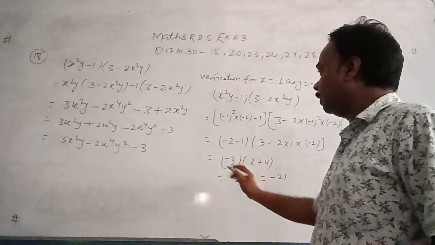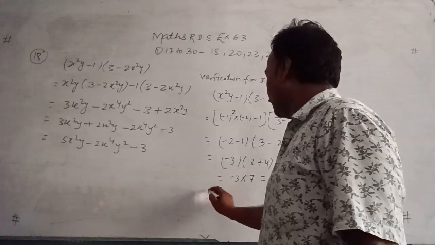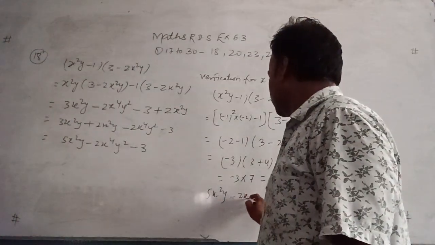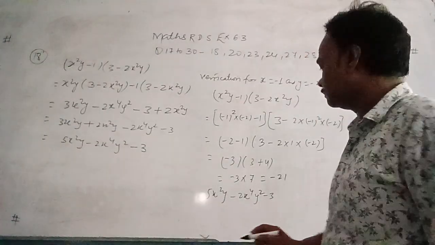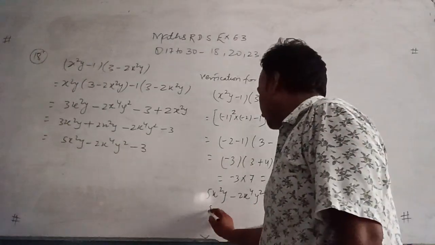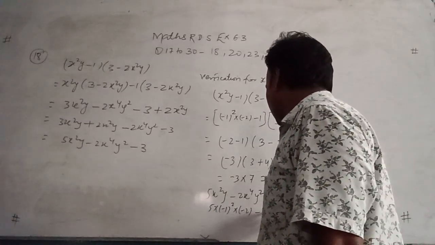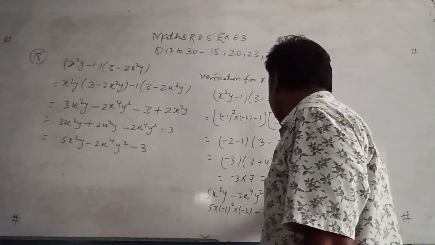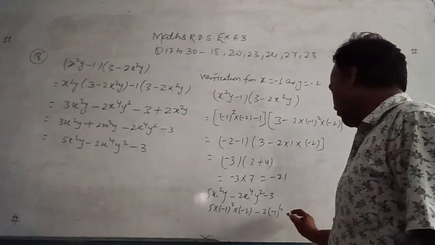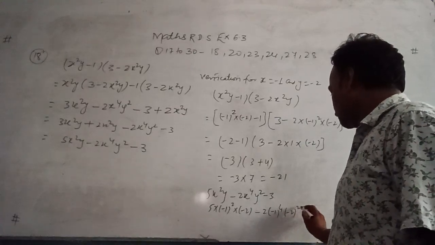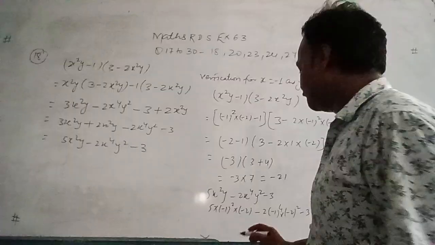And when we put the same value in the product, then 5 x square y minus 2 x to the power 4 y square minus 3 is equal to 5 into minus 1 square into minus 2, minus 2 into minus 1 to the power 4 into minus 2 square, minus 3. Clear?